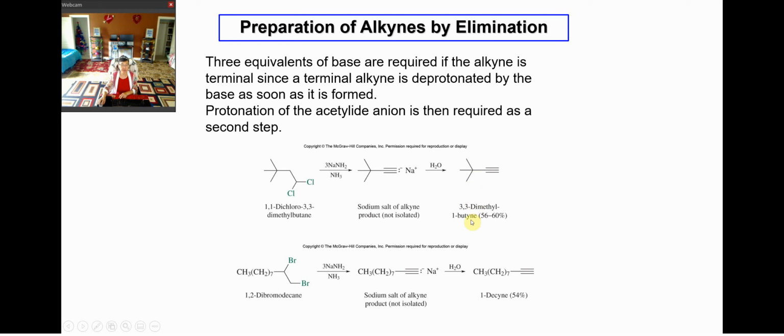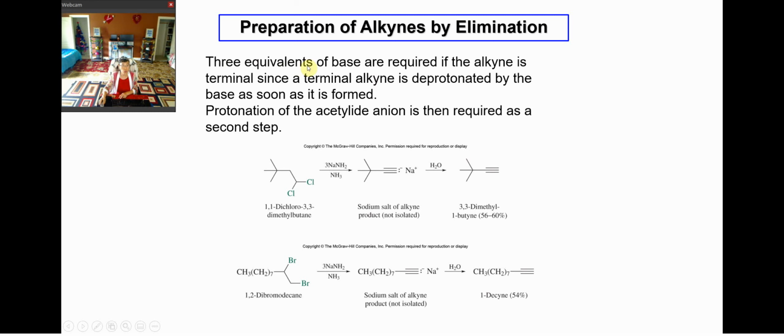3,3-dimethylbutyne. Another example, if I have this dihalide, the first one is geminal, the second one terminal halides. So you also go through similar reaction procedures under sodium amide in liquid ammonia. Again, you are going to produce this final product. Both products you see are terminal alkynes.